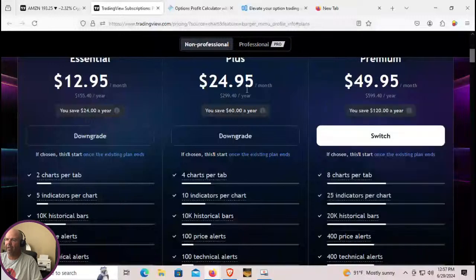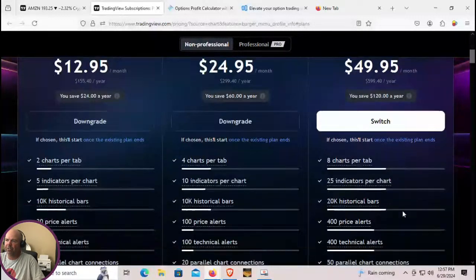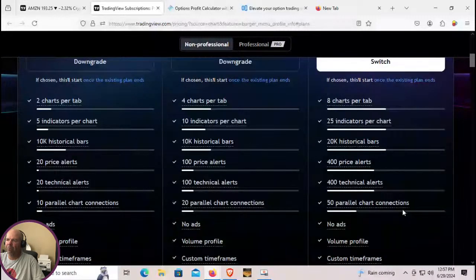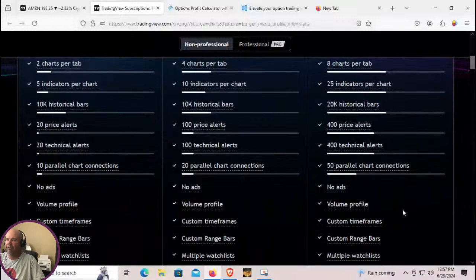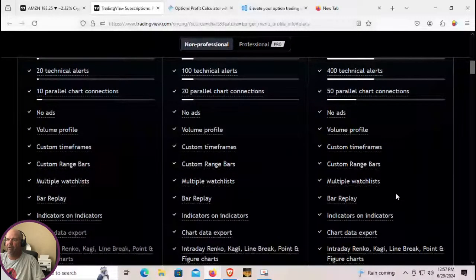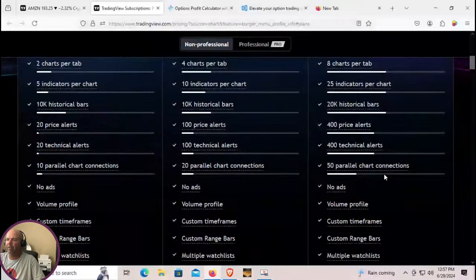So I can have 8 charts per tab, 25 indicators per chart, 25k history bars, 400 price alerts, 400 technicals alerts, 50 parallel chart connections. I don't even know how to use all that. No ads, volume profile.